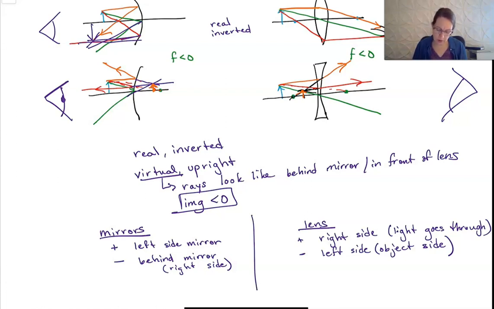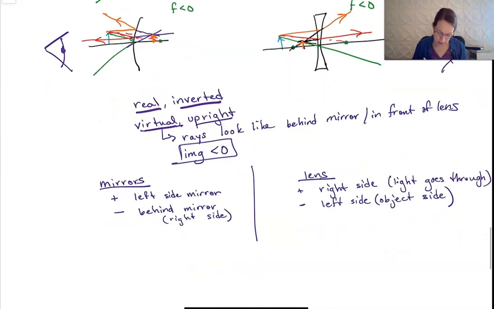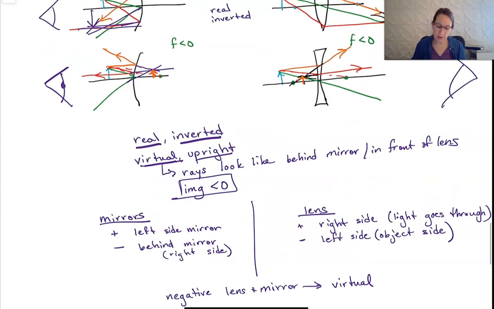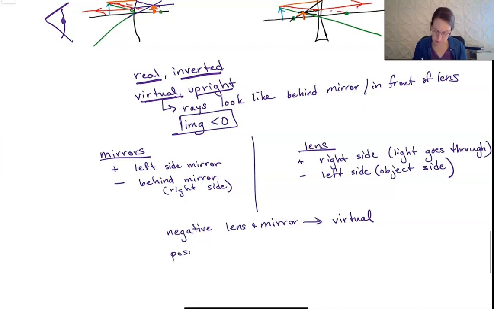We also know that if we have a real, then we have an inverted. If we have virtual, we have upright. The negative lenses and mirrors are going to give us virtual images. The positive lenses and mirrors can give us either.